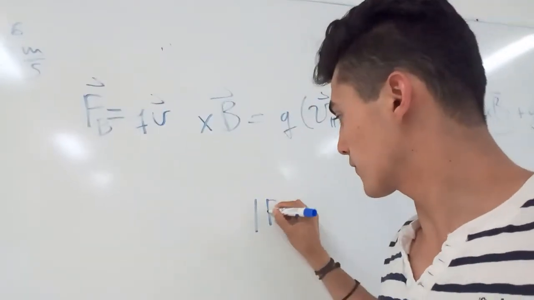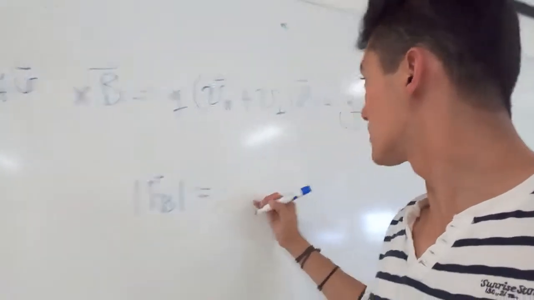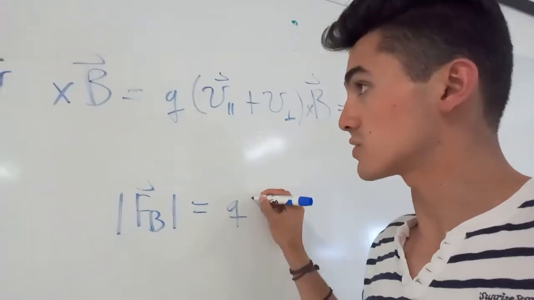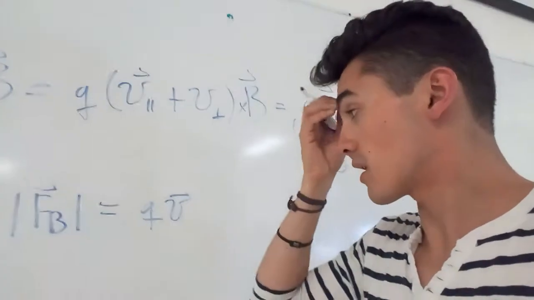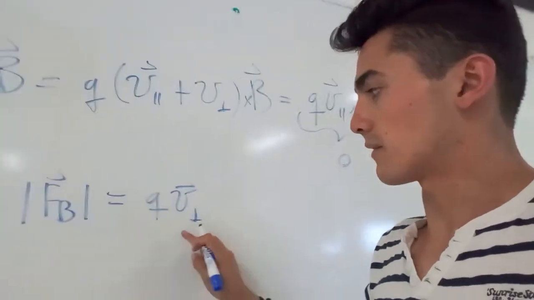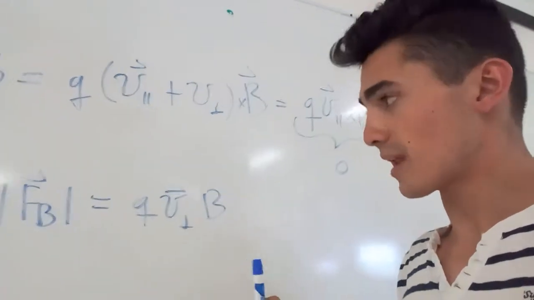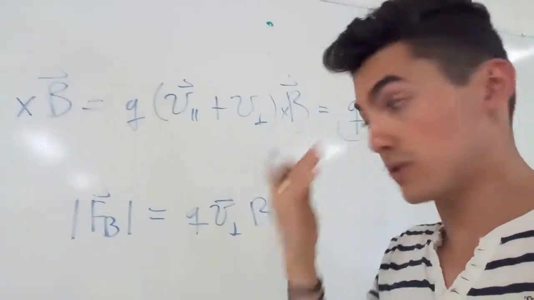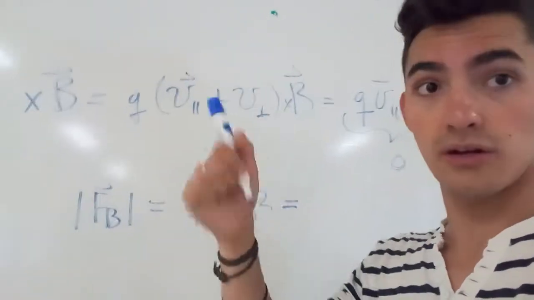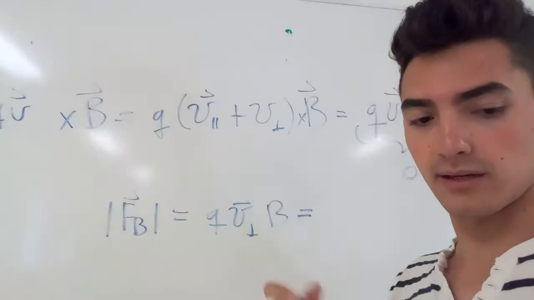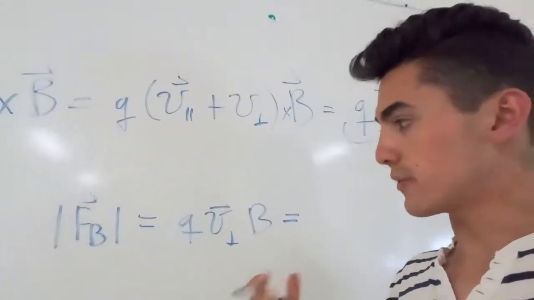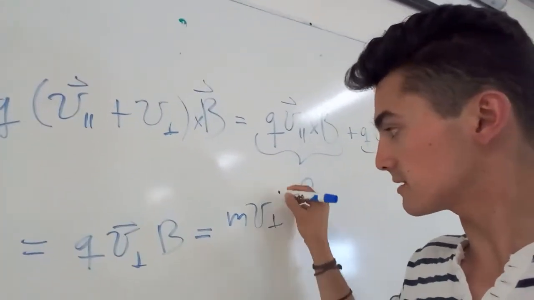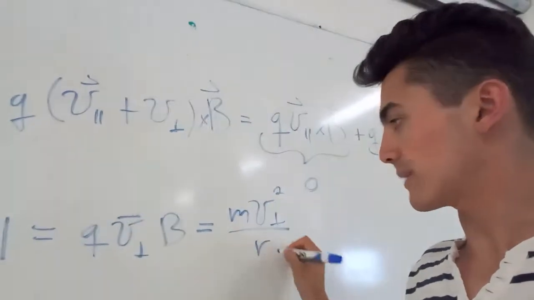So the magnitude of our force will be equal to the charge times the perpendicular velocity times the magnetic field. Okay, and then because the motion is circular, we can consider the centripetal force, which is equal to m, the mass, times our velocity squared over our radius.